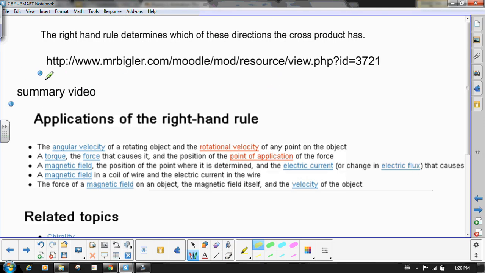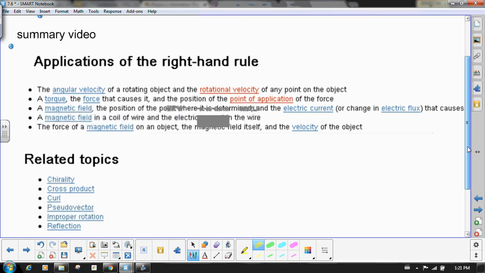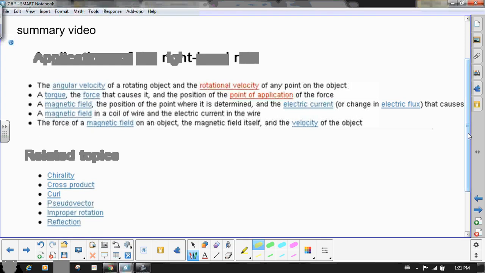Now, there are a bunch of different applications of the right-hand rule. There's angular velocity, which I think some of you have learned about, and torque and force, which we'll go over a little more. It's also used when we're talking about chirality in molecules. I know a lot of you are doing chemistry right now.